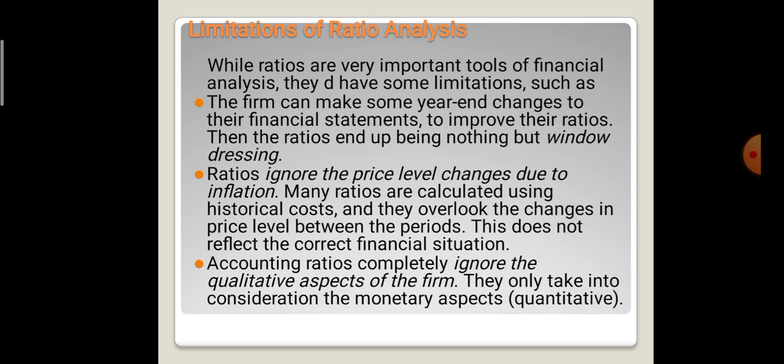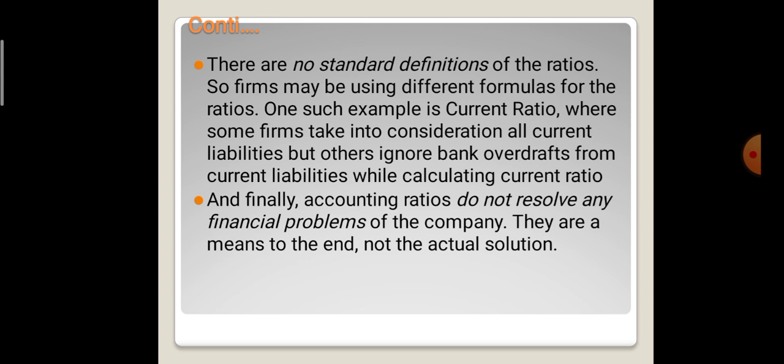Coming to the next one, there are no standard definitions. Firms may be using different formulas for the ratios. One such example is the current ratio, where some firms take into consideration all current liabilities but others ignore bank overdraft from current liabilities while calculating the current ratio.